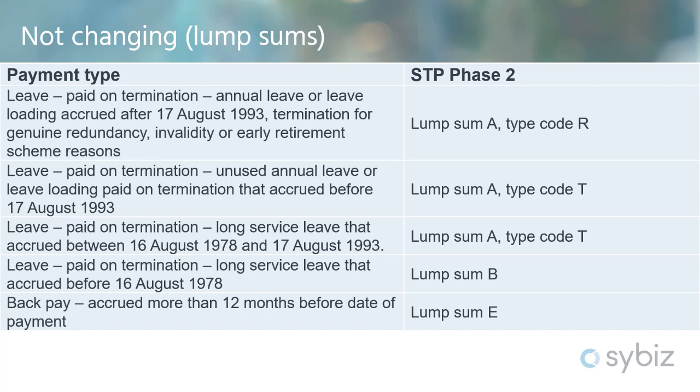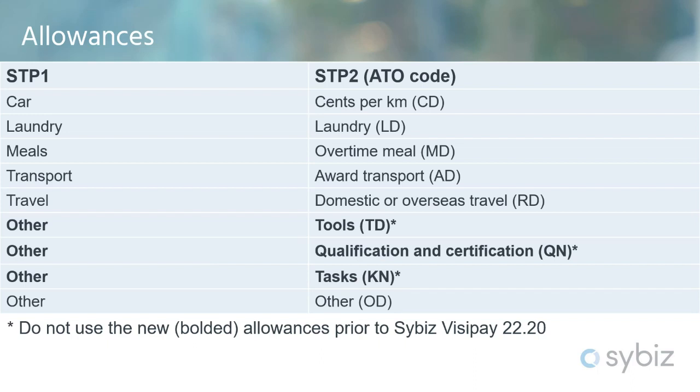Just we've talked about that lump sum so just be aware of that definition as well, so you can categorise things accordingly there. And also from an allowances point of view, here's I guess the major changes, and this is just something again to emphasise that the 3 new separate leave allowance categories that we have for STP2, the tools, the qualification and certification, and the tasks.